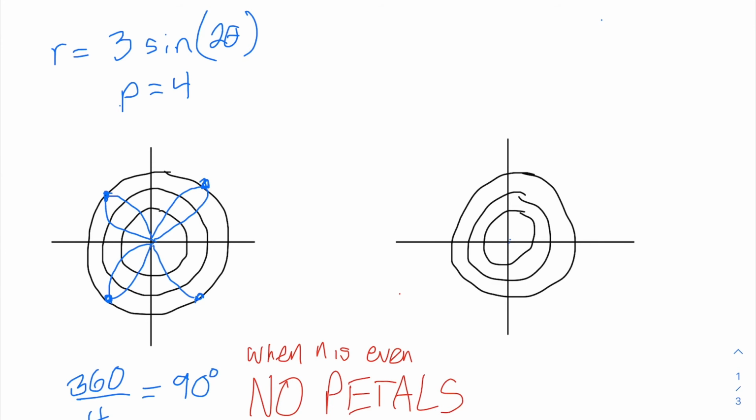And so if we already know that from a visual representation, that's awesome. But if we needed to figure out exactly where it goes and we weren't sure of that initial 45-degree angle, here's how you can figure it out. The 90-degree value that you have when dividing 360 by the number of petals, if you divide that in 2, that's going to tell you where your first petal goes.